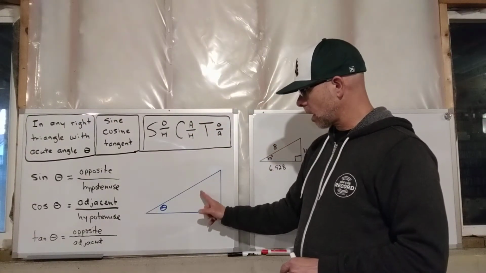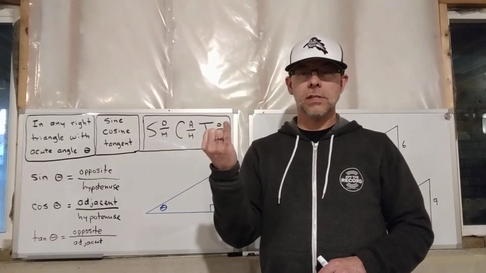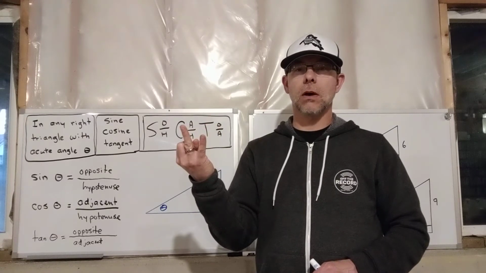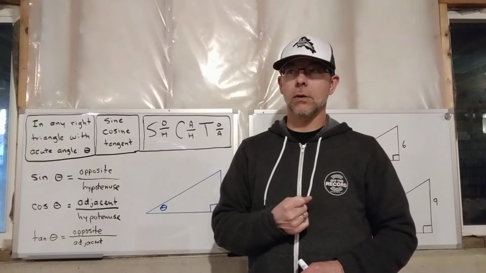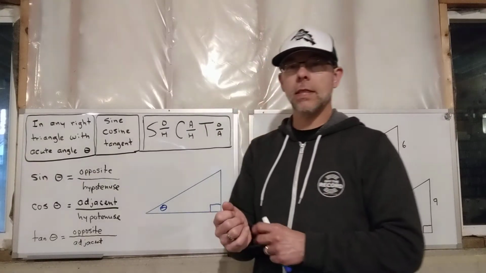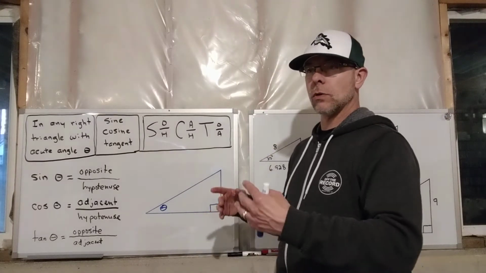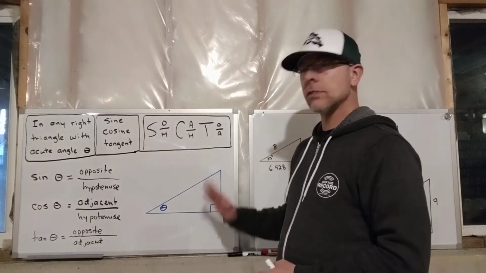Let's label this triangle. I want to label the three sides with the following labels. One of the sides is going to be called the opposite side. One of the sides is going to be called the adjacent side. And the third side is going to be called the hypotenuse. Now, I'm actually going to write the hypotenuse first because the hypotenuse is always in reference to the right angle. Across from the right angle is the hypotenuse.